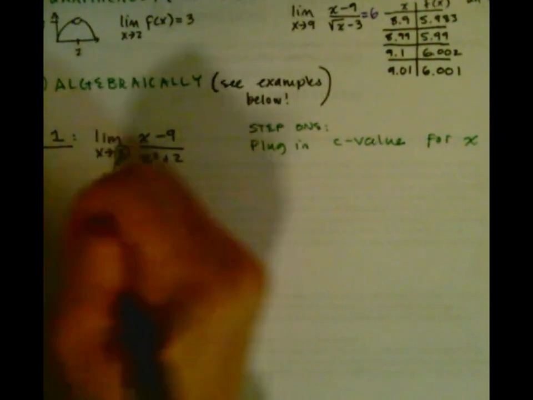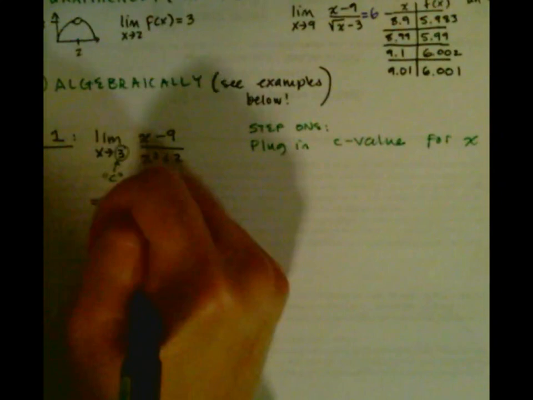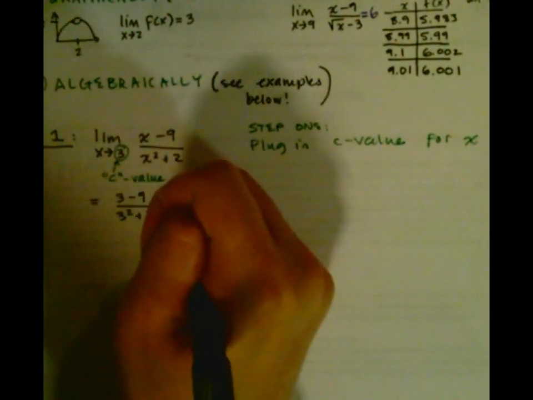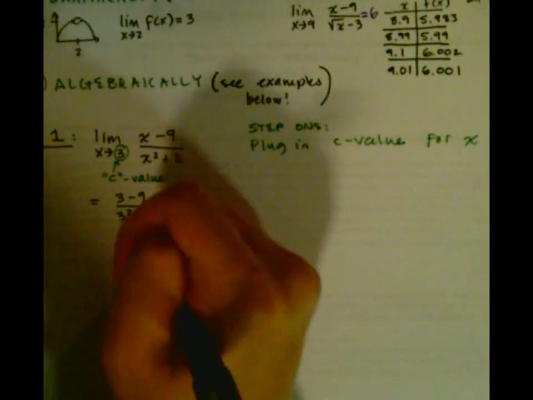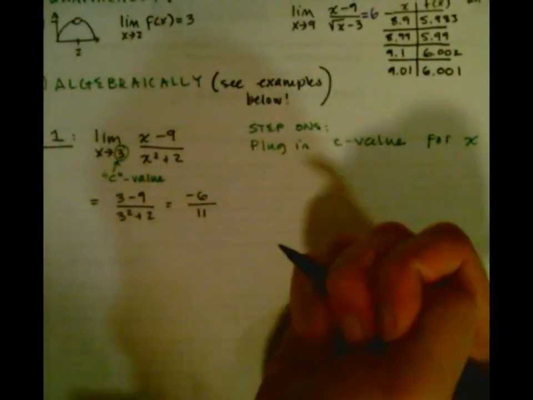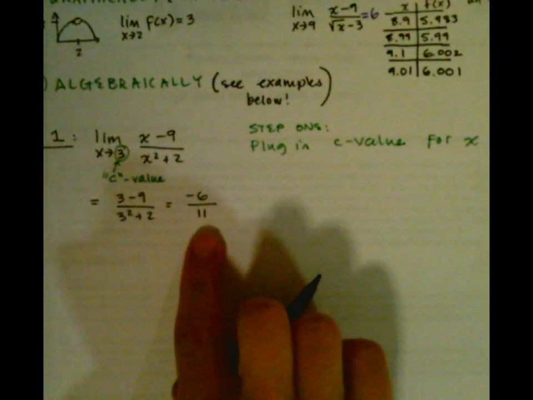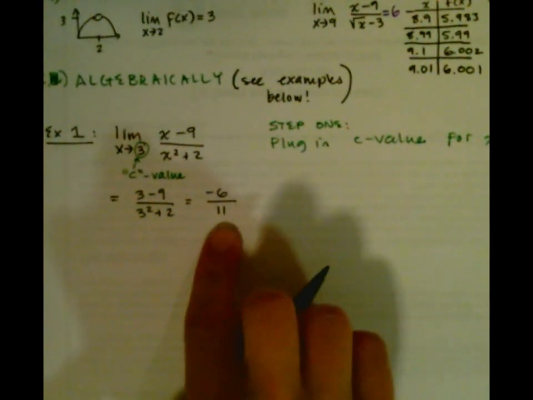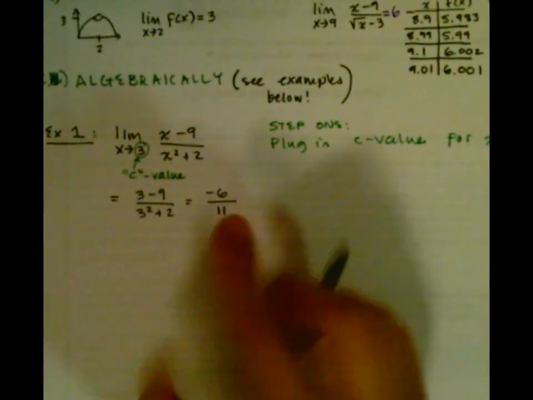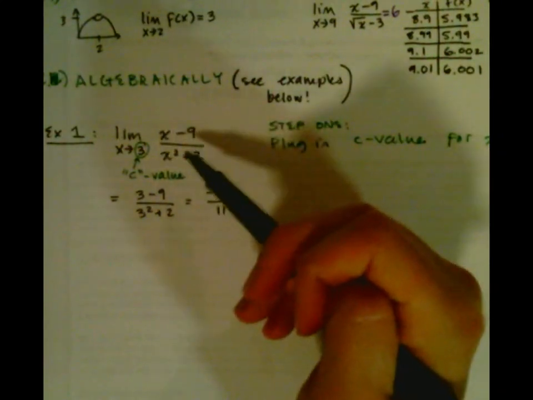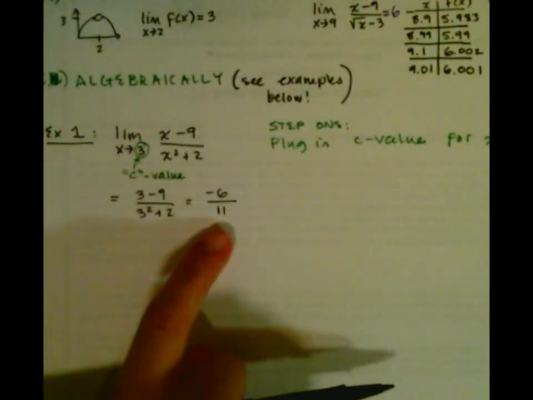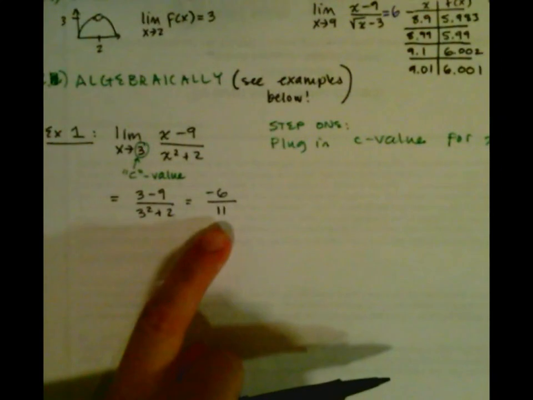In this example, I would get 3 minus 9 over 3 squared plus 2. So that would be negative 6 over 9 plus 2, 11. I get an actual number. It's a fraction, but fractions are okay. So what is this telling me? That this is some continuous function at 3 with a function value of negative 6/11.